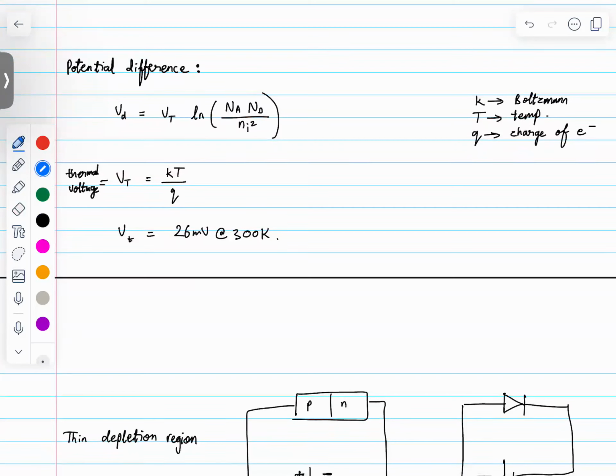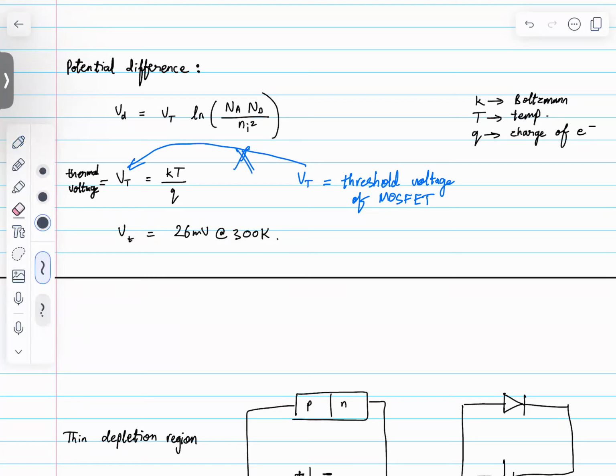One thing to note here, though, is for anybody who's taking any MOSFET courses or has some analog design knowledge, there's also another variable called VT, which is the threshold voltage of the MOSFET. I just wanted to say that that VT is not the same as this VT.